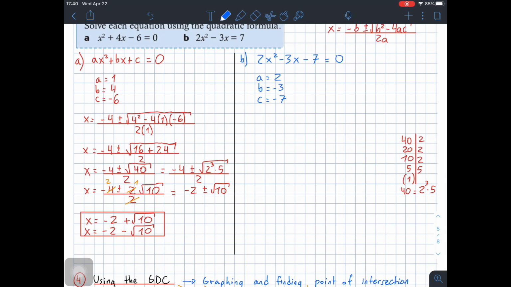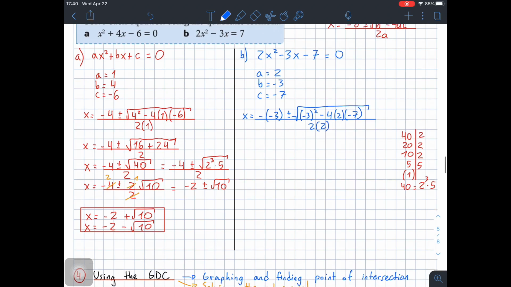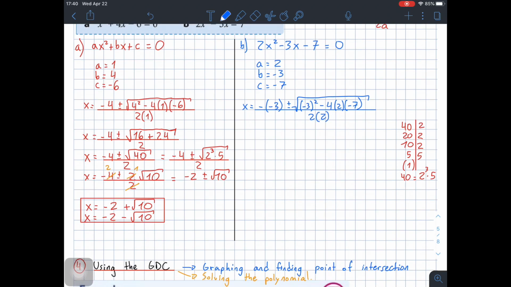Once again, we apply the quadratic formula, and this would be minus negative 3, plus or minus the square root of negative 3 squared minus 4 times A times C, over 2 times 2. So if we solve this out, this would be positive 3 plus or minus the square root of 9, and 8 times 7, that's 56.